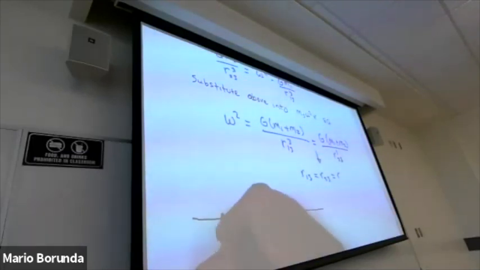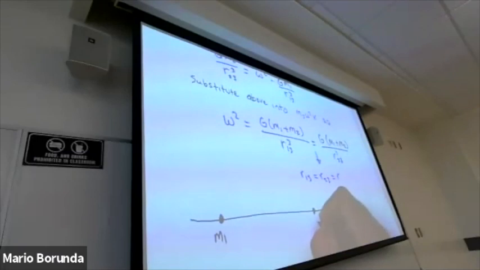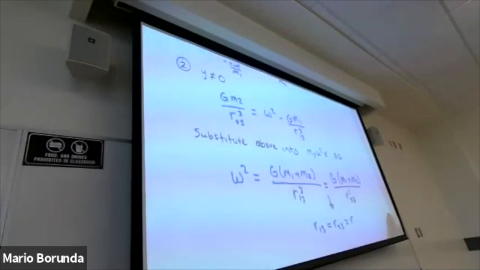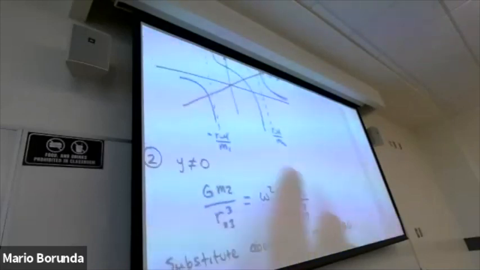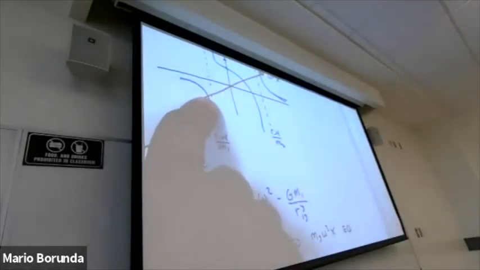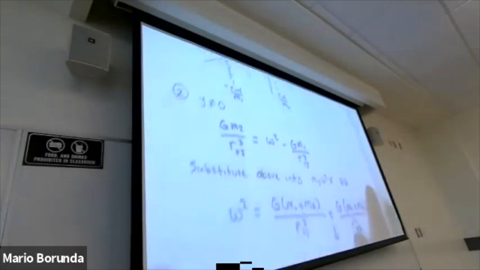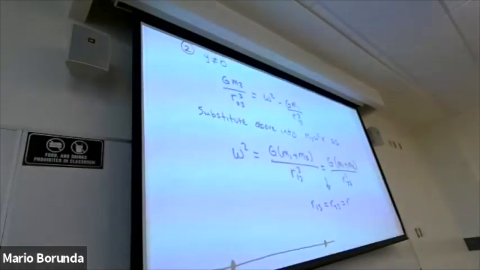Here, I'm going to have mass 1. Here, I'm going to have mass 2. The first of these points happens to be here, right? So that's actually a point over here.